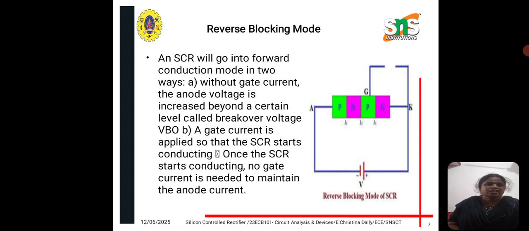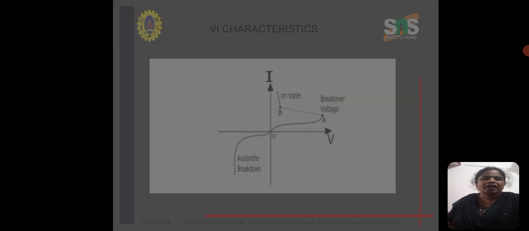Without gate current, if the anode voltage is increased beyond a certain limit, that is termed the breakover voltage, that is VBO. If the gate current is applied, the SCR starts conducting, and no gate current is needed to maintain the anode current. So this is termed the forward conduction mode.